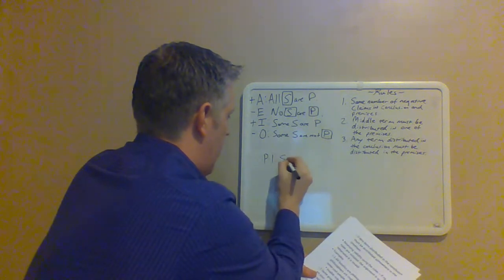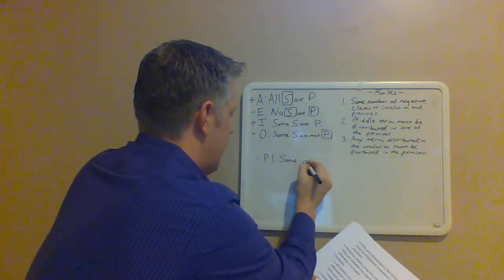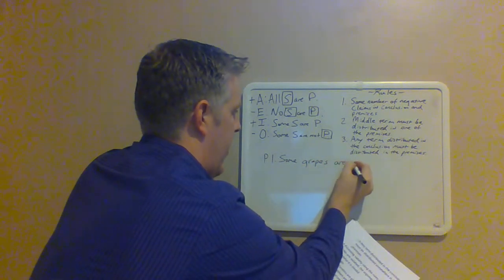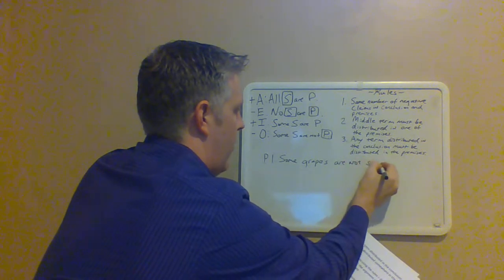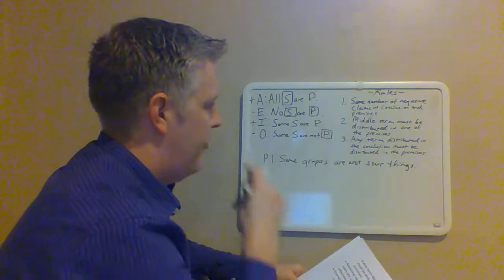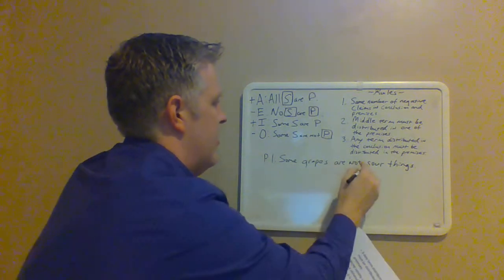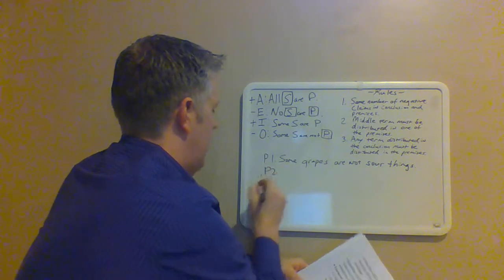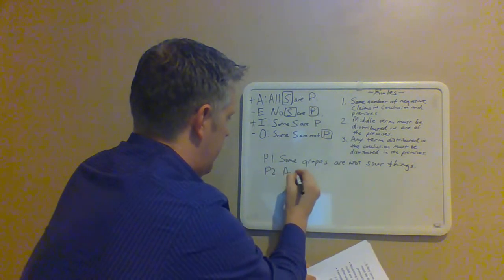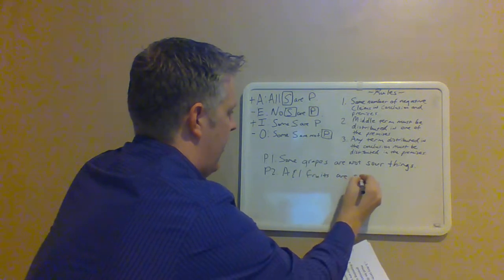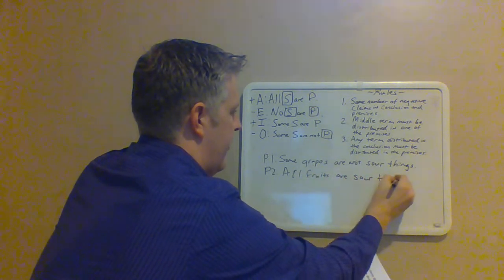So premise 1 would be something like, some grapes are not sour. We could just put things, right? I mean, it could be food, sour things, anything along those lines, right? But now it's no longer just an adjective. Premise 2, all fruits are sour things.